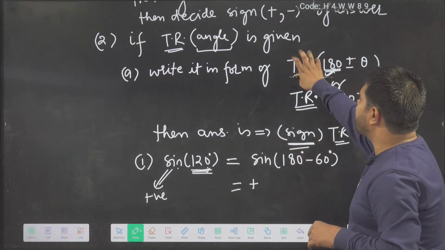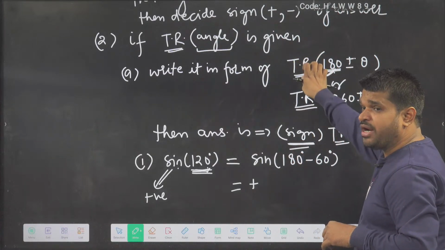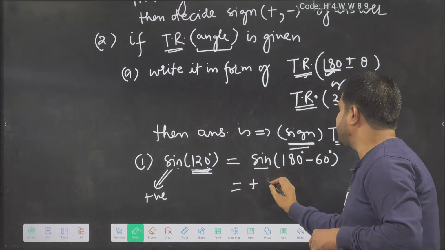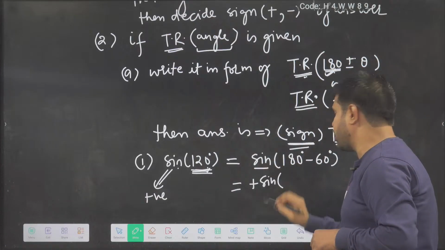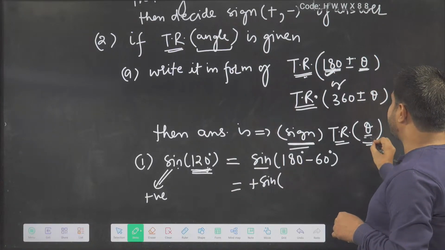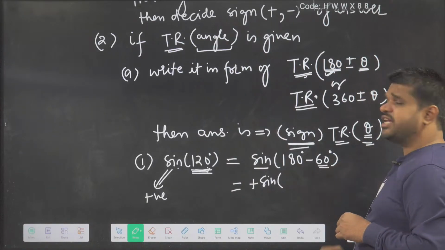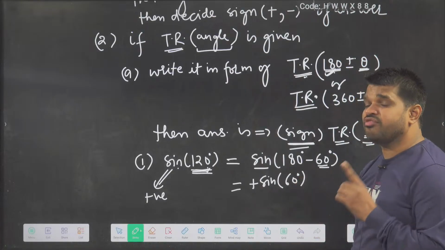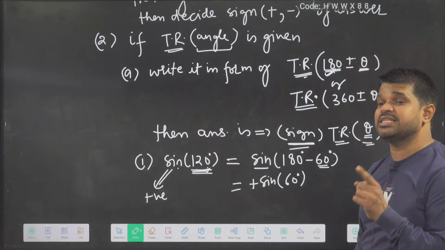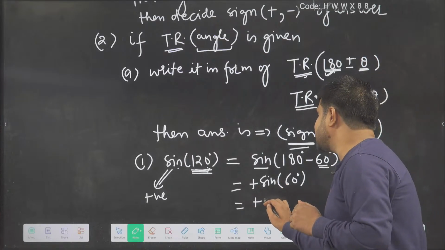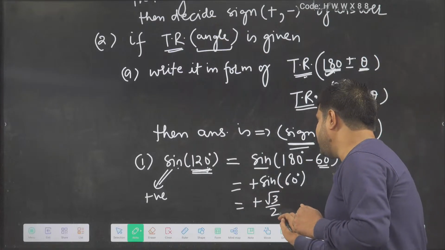You have to copy the same trigonometric ratio here. Which ratio is written? Sine. What angle is written here? Theta, so you write theta here. Here the angle is 60, so I will write 60. What is the value of sine 60? Sine 60 is root 3 by 2. So the answer is plus root 3 by 2.